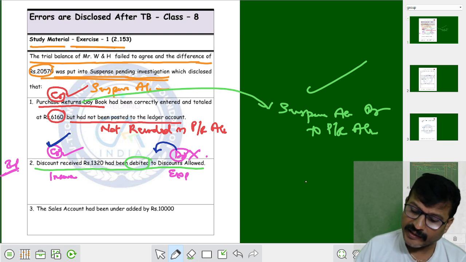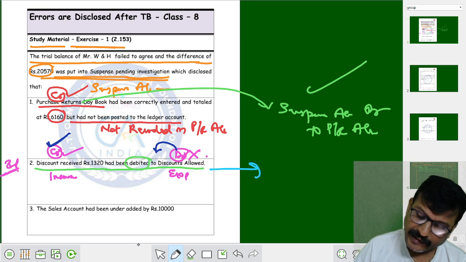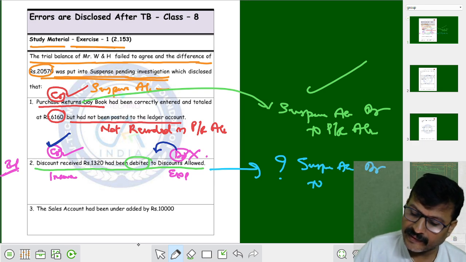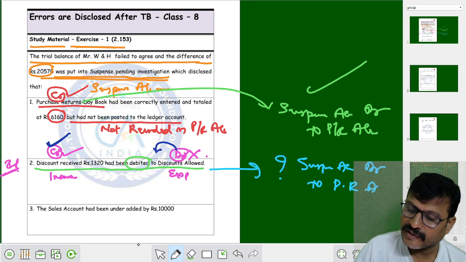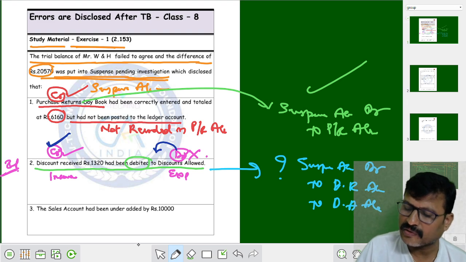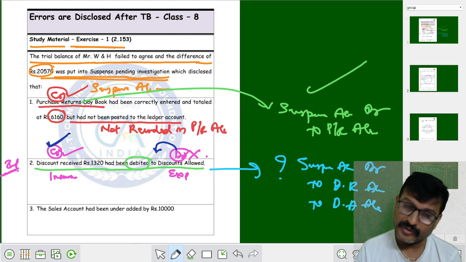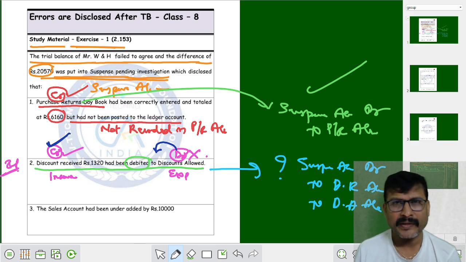When both come on the credit side, what we have to write on the debit side? In debit we have to write suspense account debit to discount received account and to discount allowed account. Did you understand? One is an income, another is an expense.